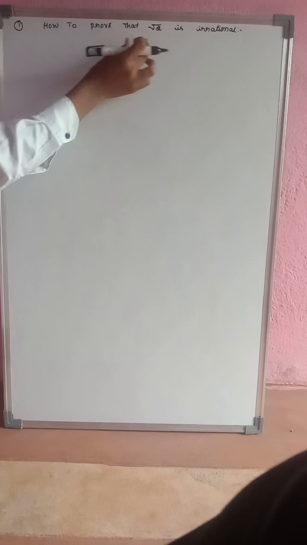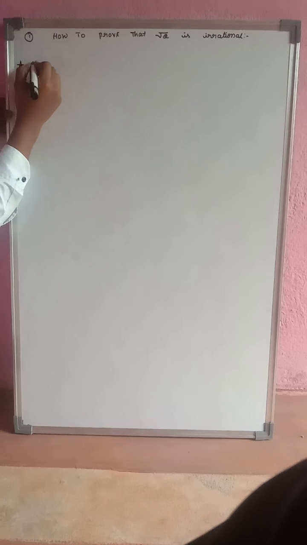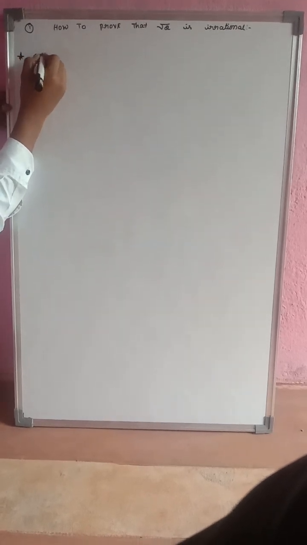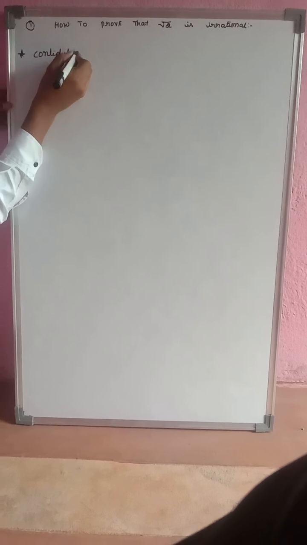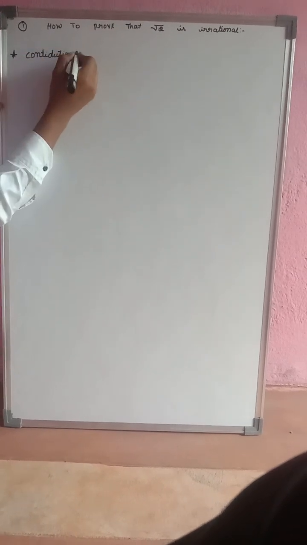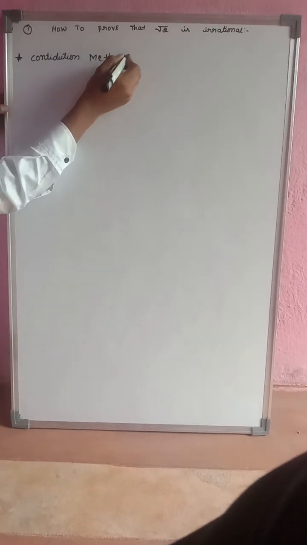For proving that the square root of 2 is irrational, we can use the method named contradiction method.